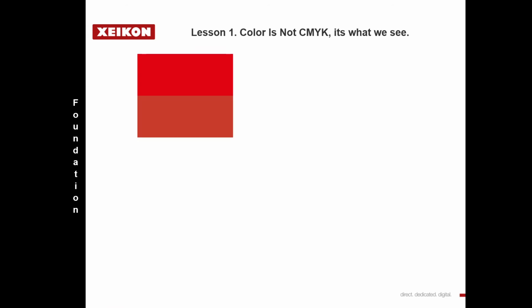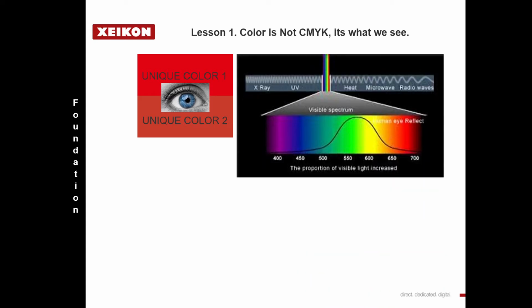So we have our two different colours, unique colour 1 and unique colour 2, and we've already illustrated that we can't use CMYK to describe the result. So we need a different method, a different model, if you like, to talk about the colour that we see. And in fact, we need to be able to describe every colour we see with a unique value.